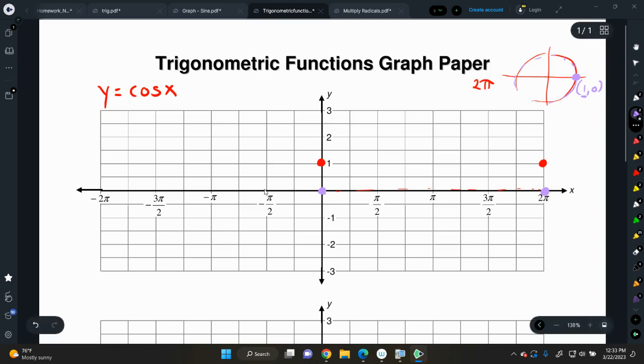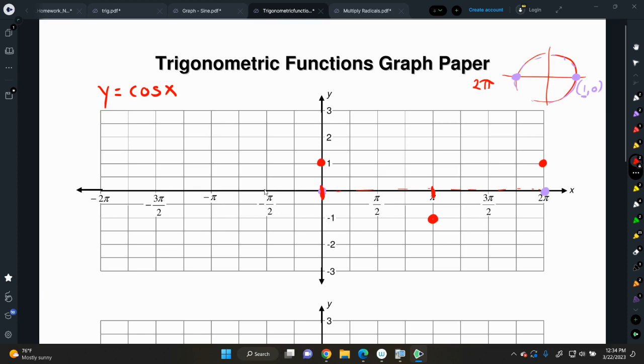Halfway, what happens halfway? What is that x value? Negative 1. So halfway would be pi. Pi is going to be at negative 1. Now we're using the same process that we did with the sine curve. Halfway between these two spots, between 0 and pi, is pi over 2.